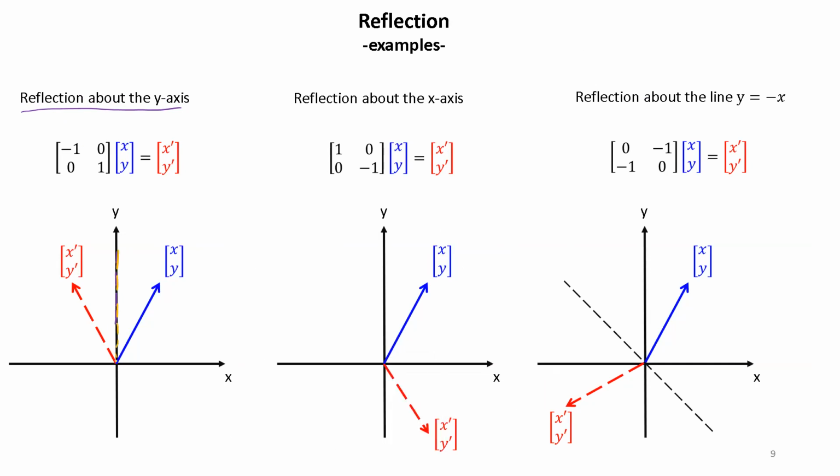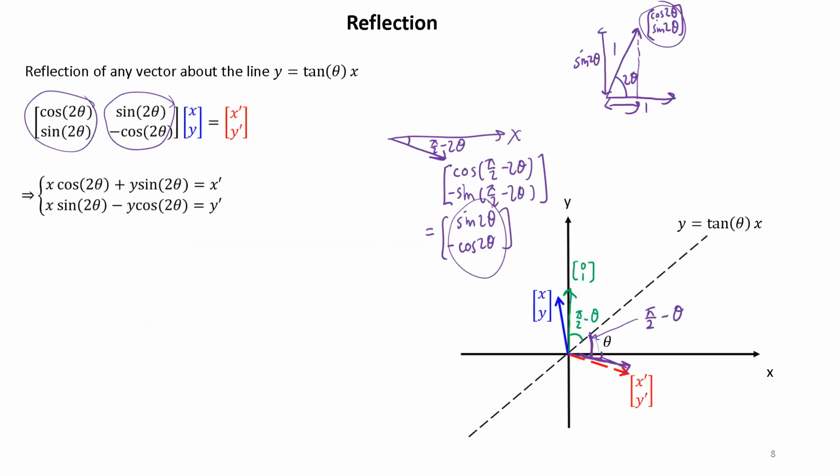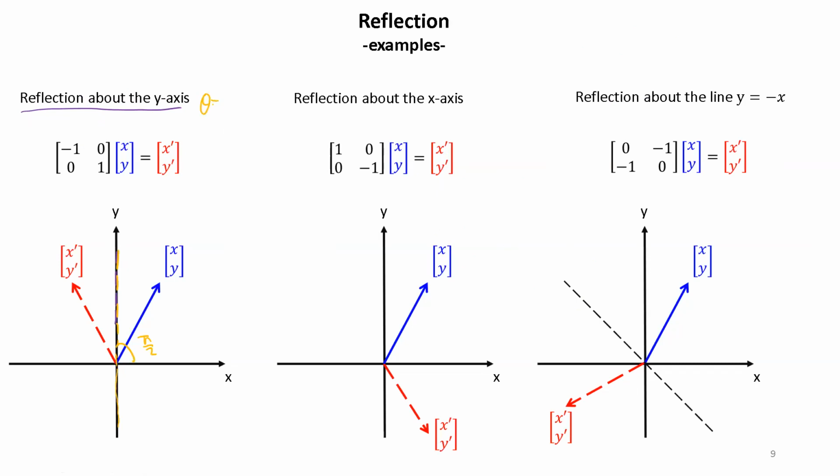I want to know the angle between my line here and the x-axis. This is pi over 2. So if you put theta equals pi over 2 into this matrix here, then you'll get this.